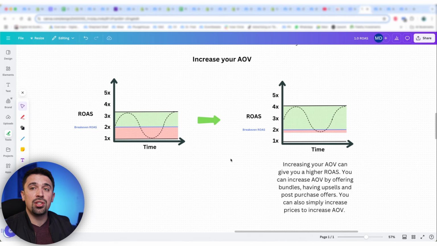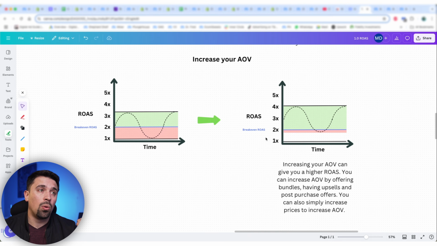Next is increase your average order value. Again, you're earning more revenue for each sale that occurs in your store. So that's invaluable, right? That's going to make your ROAS higher in general, okay? So you can see here, common scenario, we've increased our average order value by offering bundles, right?